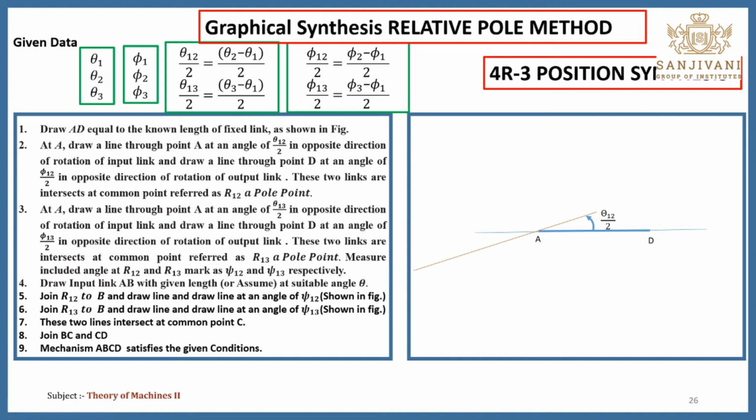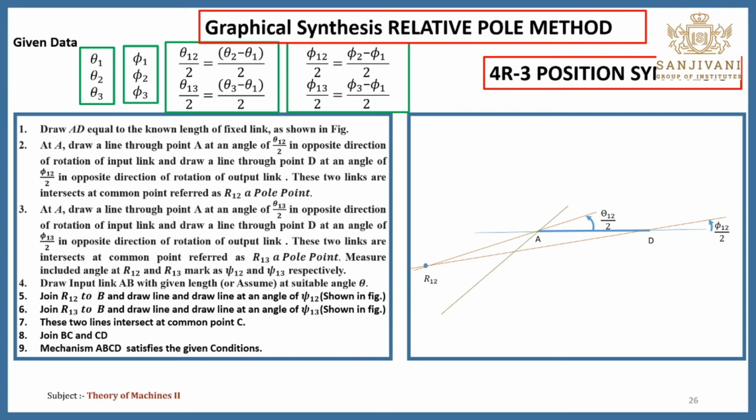If in your problem statement it is mentioned that the crank is rotating in the anti-clockwise direction, in that case you need to take this angle in the clockwise direction. Again, through the point D, you draw the line at phi 1 2 by 2. You will get the first relative pole R12.